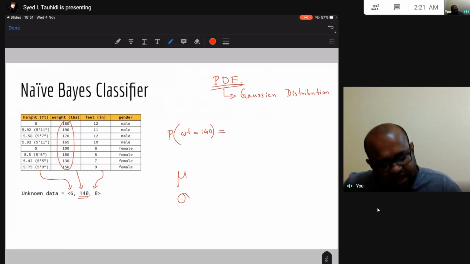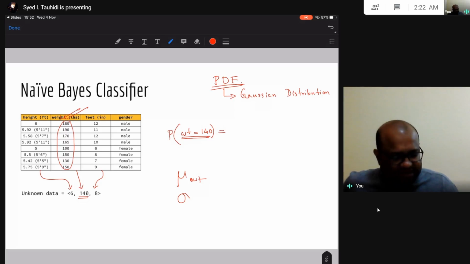I am interested in finding the probability of weight being 140. First I am going to find the mean of weight, mu weight, and the standard deviation of weight, sigma weight.